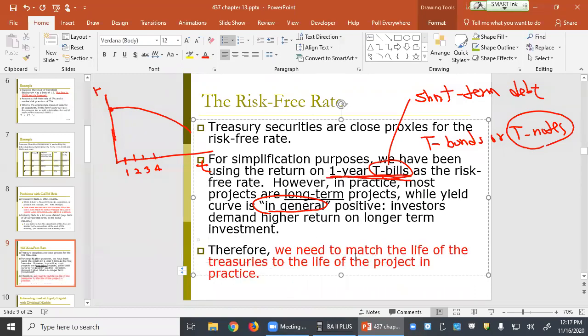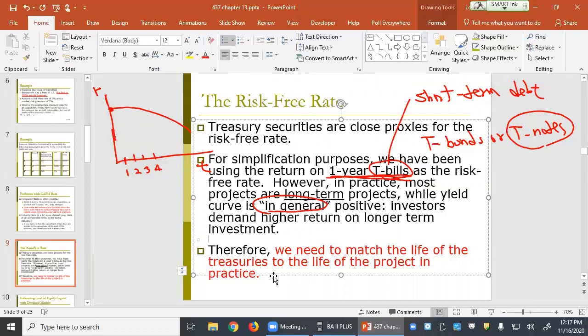We need to make sure to match the life of the treasuries to the life of the project. So if we're evaluating a new project that is anticipated to last for 10 years, guess what? The treasuries that you need to use in the analysis should also have a life of 10 years.